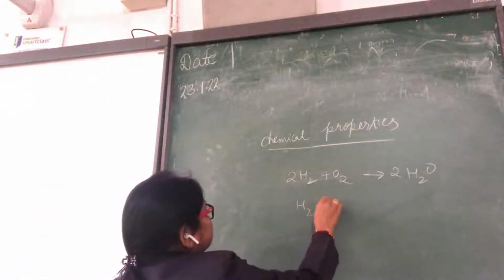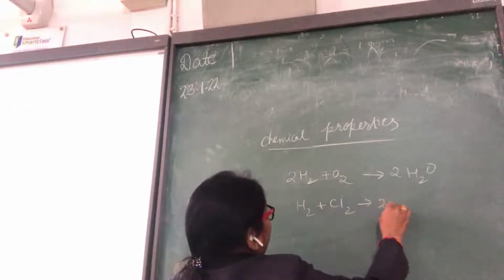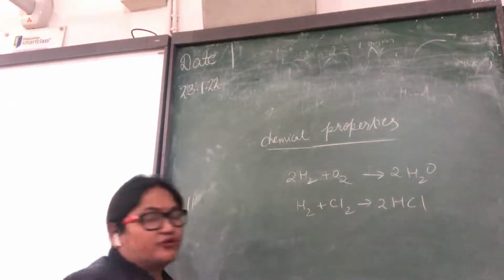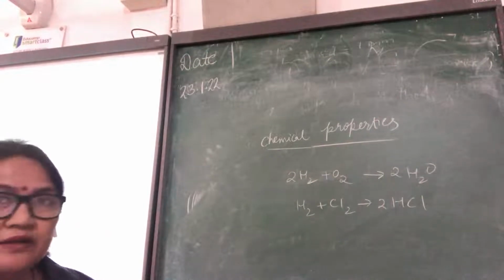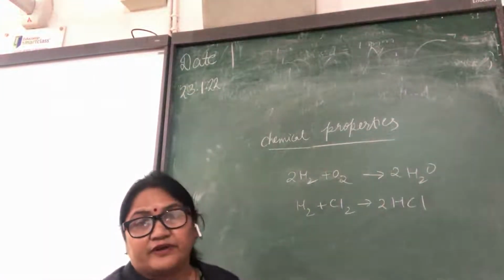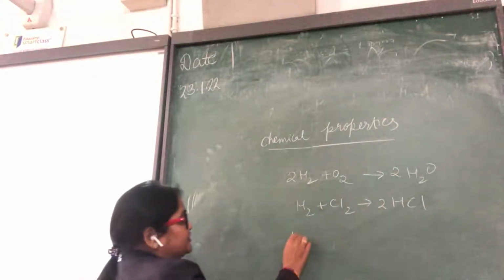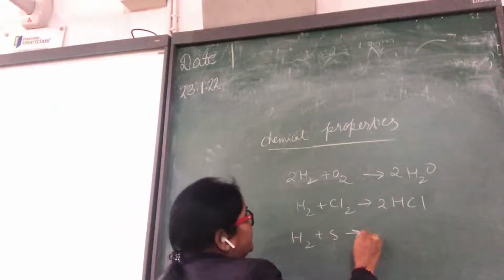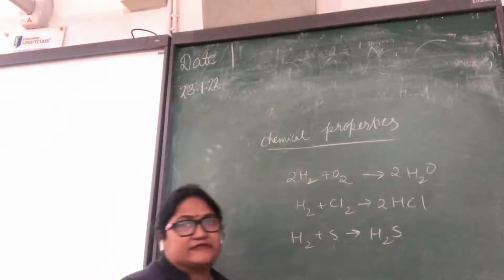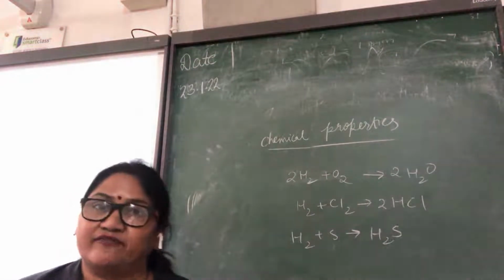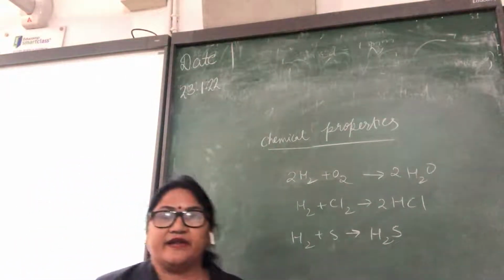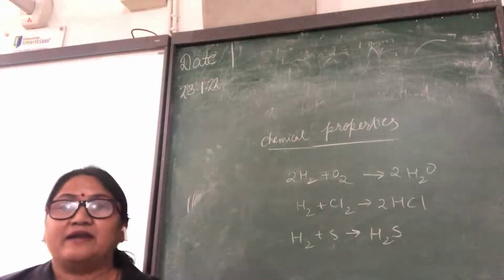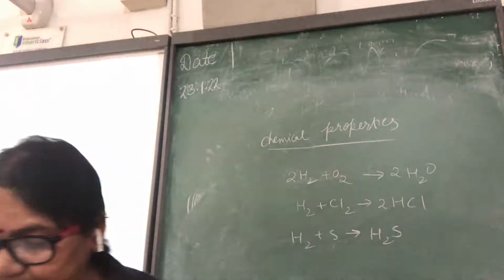H2 plus Cl2 will form hydrogen chloride gas. Then reaction with sulfur: whenever hydrogen reacts with sulfur, it forms H2S gas, hydrogen sulfide gas. Hydrogen sulfide gas, you know, gives a smell like rotten eggs.